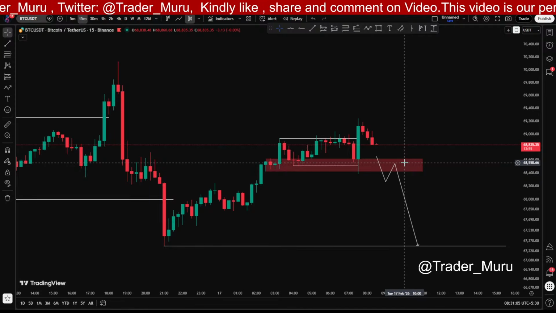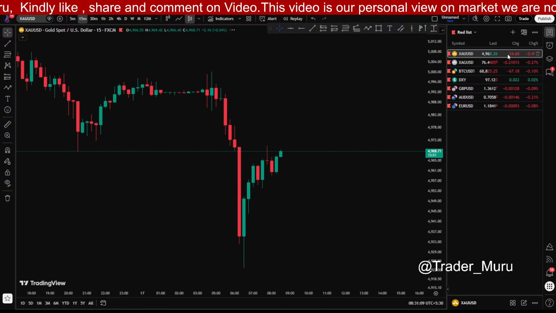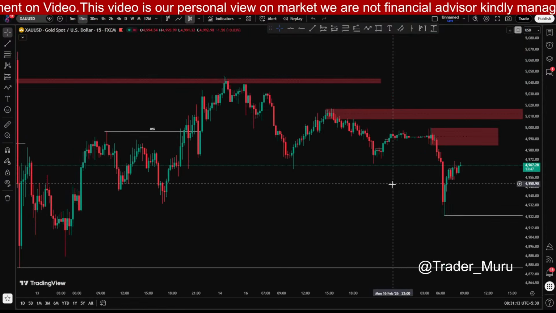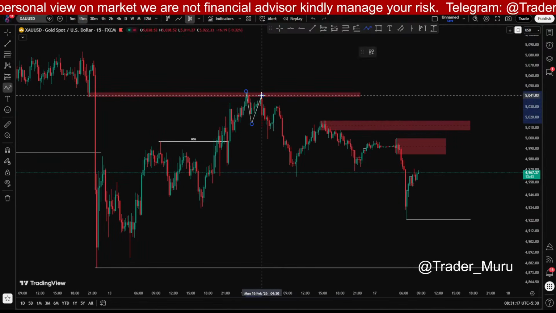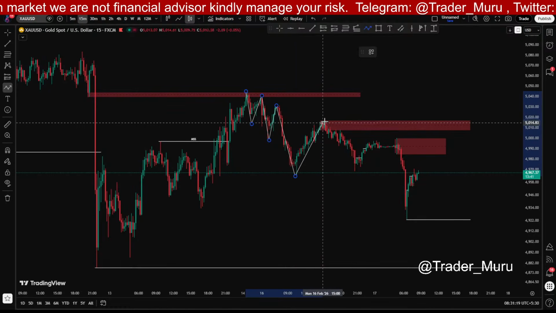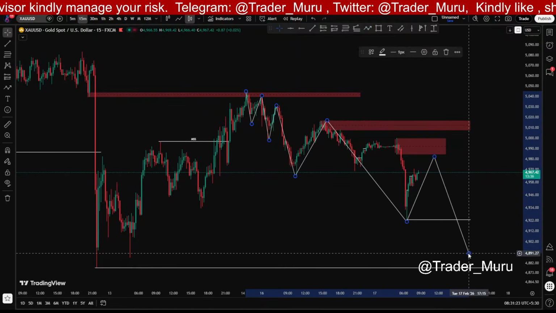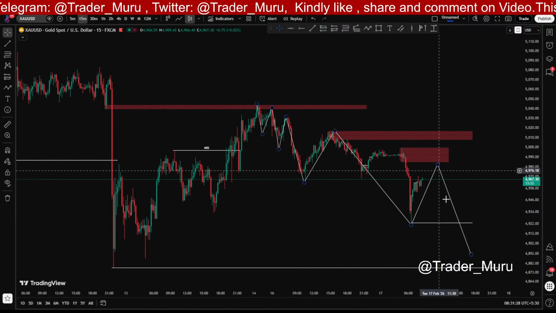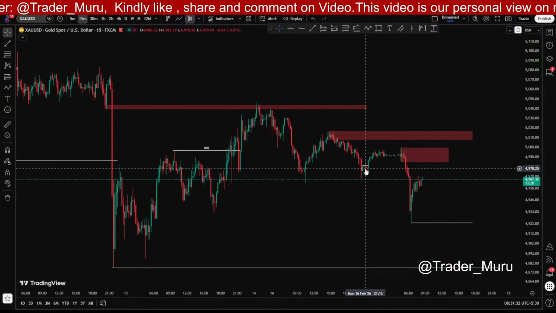Will gold drop under 4900? Yes, it looks like, because current structure is bearish. See this, it is making lower lows and lower highs. You are not supposed to long this price action. Until this structure changes, you should be watching for short only.